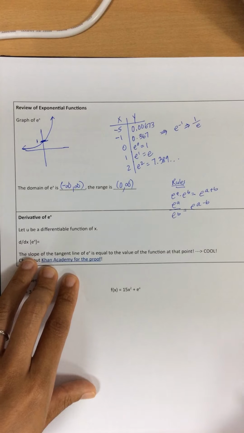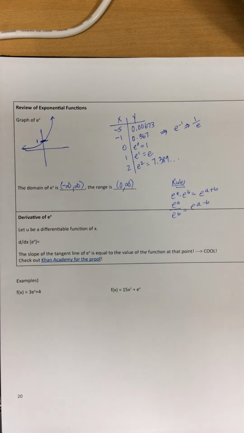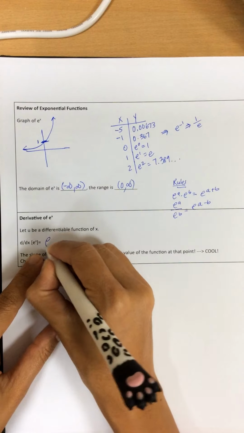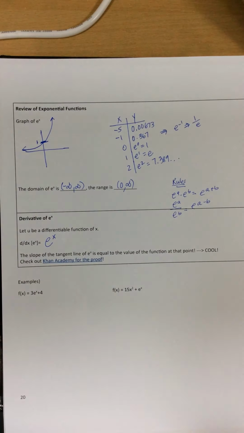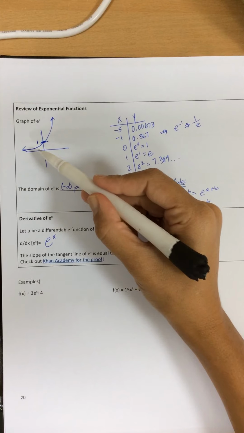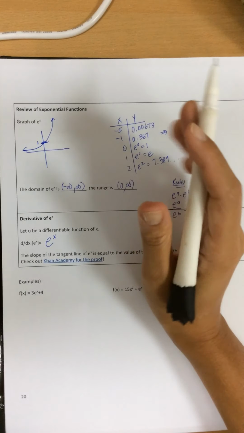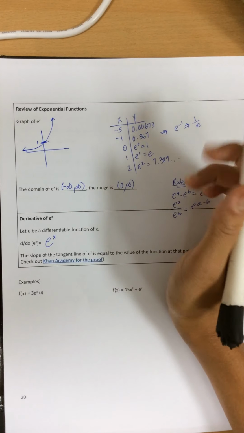So again, the really, really cool thing about the graph of e to the x is that when you differentiate it, the derivative of e to the x is e to the x. So when you make a graph of the slopes of the tangent lines at every single point along this curve, you end up with the exact same graph, which is really cool.